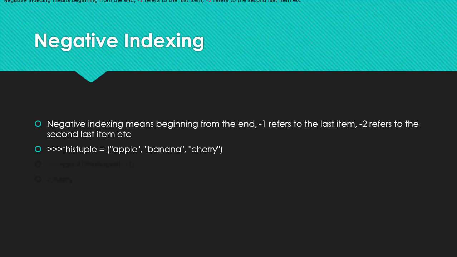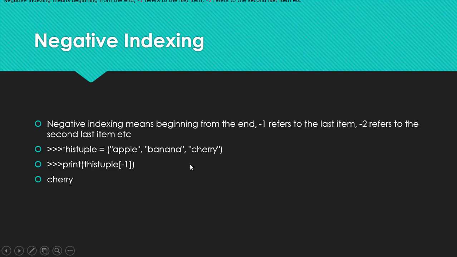If we want to use the positive indices, apple is at 0, banana at 1, cherry at 2. But if we want to use the negative index, then cherry is at -1, banana at -2 and apple at -3. Then if I am going to print the element present at the -1 index, cherry would be printed because we have used the concept of negative indexing. We have already discussed the concept of negative indexing in the previous video. I'll link it somewhere here.